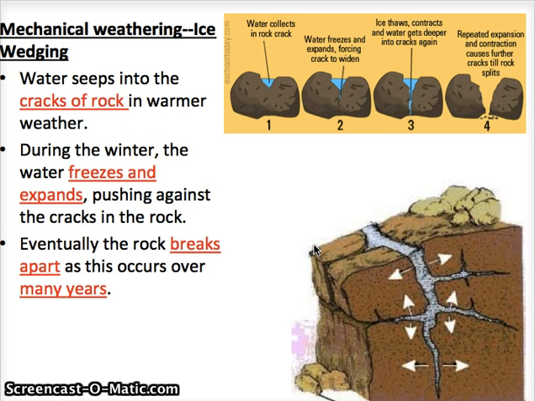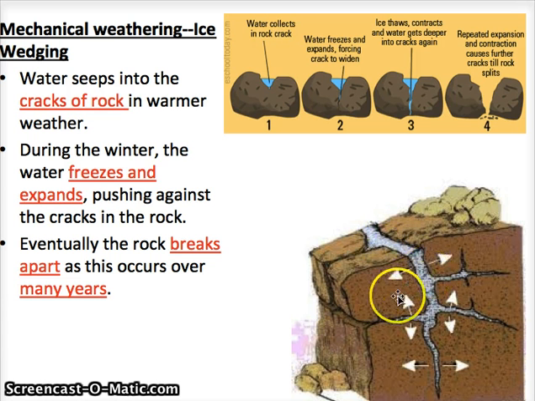The first type of mechanical weathering that I want to show you is ice wedging. Ice wedging happens when in warmer climates some water seeps through some cracks in the rock. And then during the winter, the water that's in there freezes and actually expands. You know that when water freezes, it expands. If you've seen a water bottle freeze in the freezer, you have seen that the ice pushes the water bottle out.